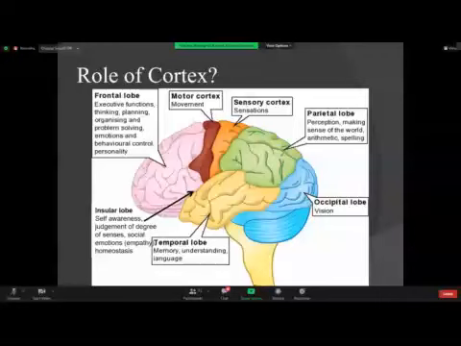So let's talk about the role of the cortex that is overlying these lobes. Let's first go to the occipital lobe. This plays a role in vision. It receives the visual stimulus from the eyes, processes it, and tells the brain what we are looking at.